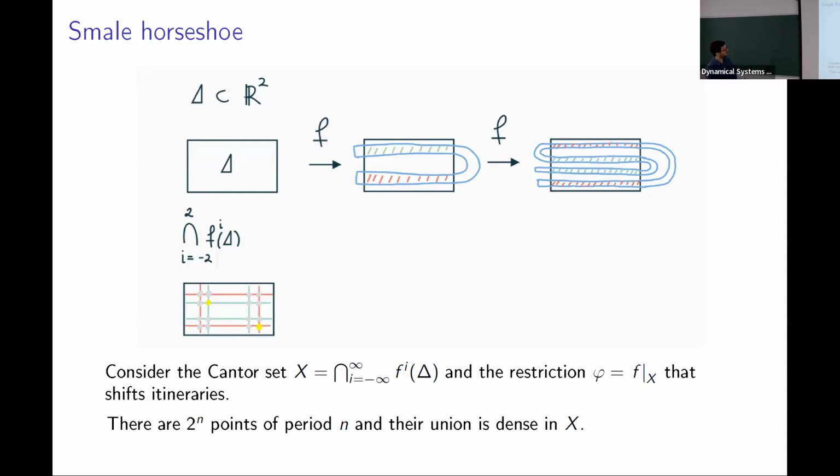You take this rectangle, and then you have a diffeomorphism that stretches the rectangle horizontally and squeezes it vertically, and then you have this thin stripe. Now you bend it in the shape of a horseshoe, right? And place it above the first rectangle in a way that you still have something left, as well as this arc. Okay? And then you repeat the same process.